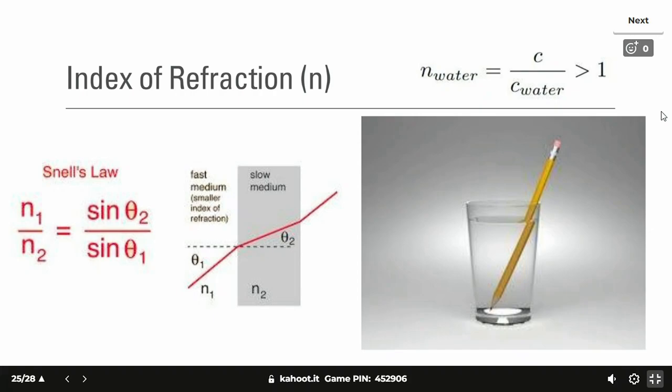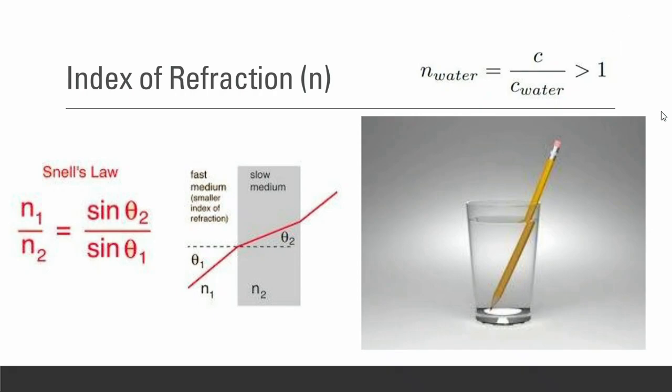The index of refraction is a measure of how light travels through that material. Different materials having different indices of refraction are what cause, for example, a pencil to appear like it's broken when it's sitting in a glass of water.